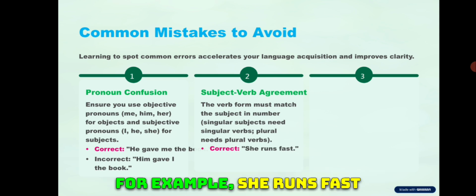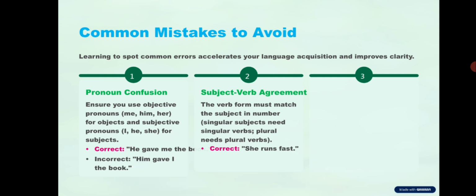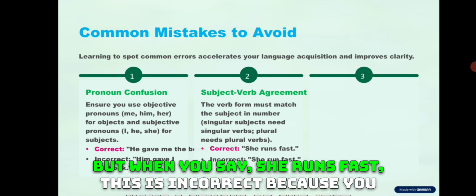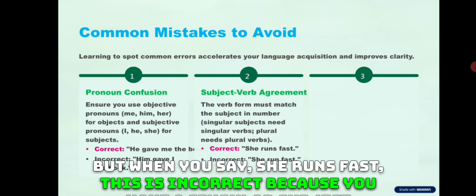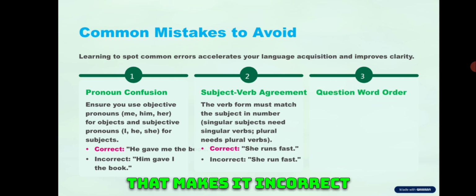For example, she runs fast. This is correct because you have a singular subject, she, and a singular verb, runs. But when you say she run fast, this is incorrect because you have a singular subject, she, with a plural verb, run. That makes it incorrect.